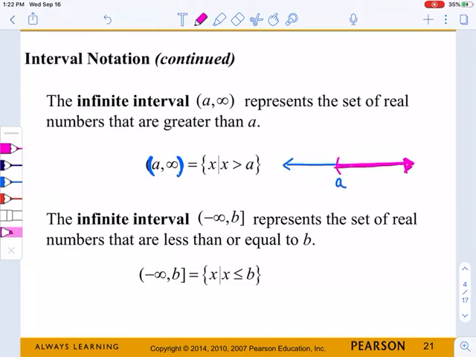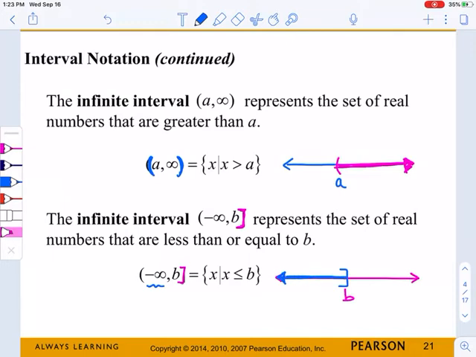If we had the infinite interval negative infinity up to b, and this one includes b, it has that bracket this time. That means that we are starting at b with a bracket, but now we're going towards the negative infinity. So I'm going off to the left, to the negative.